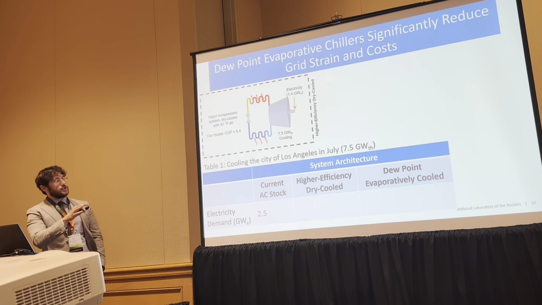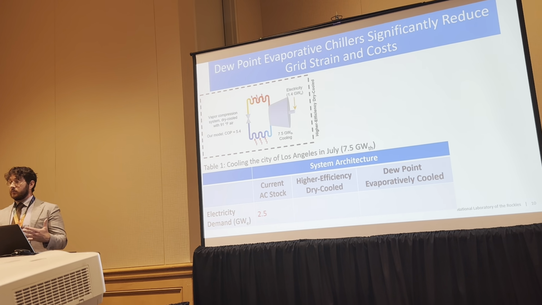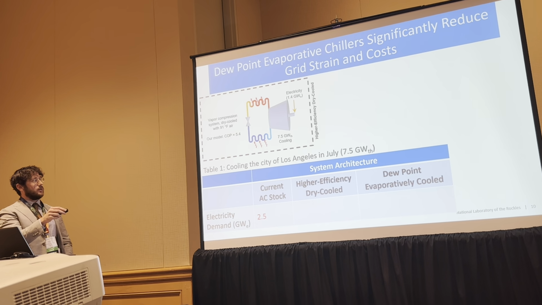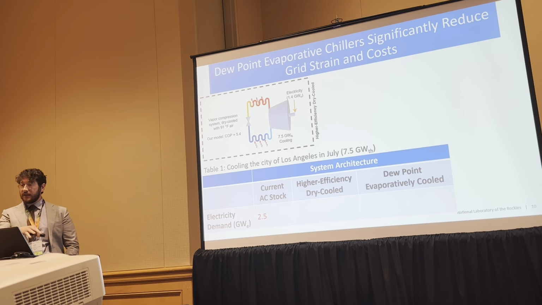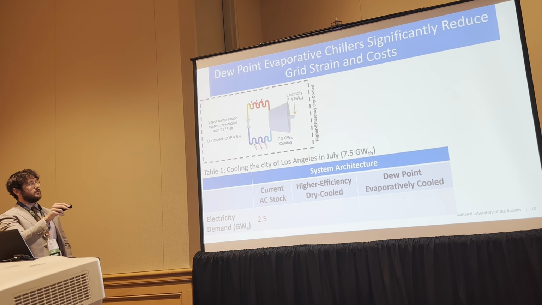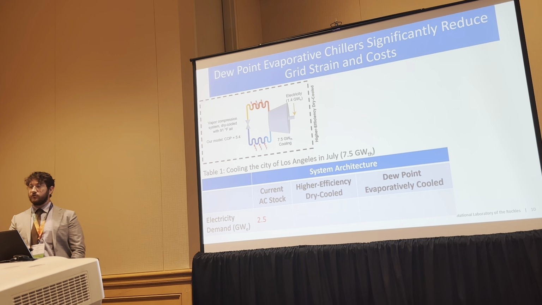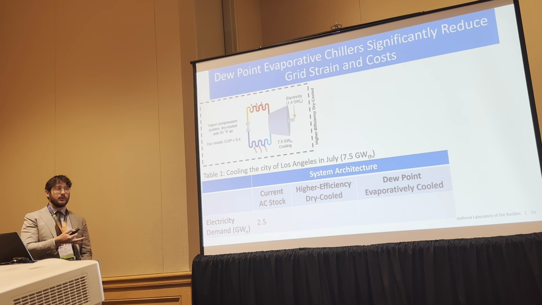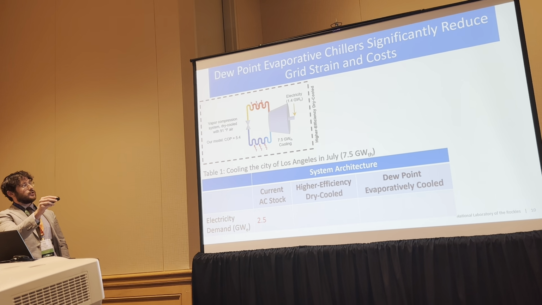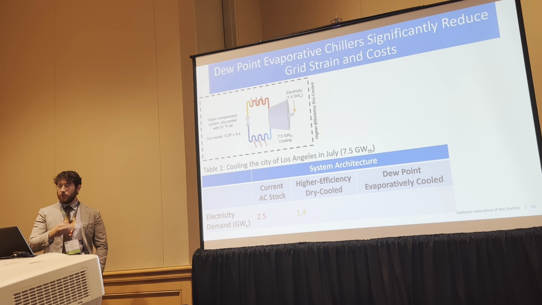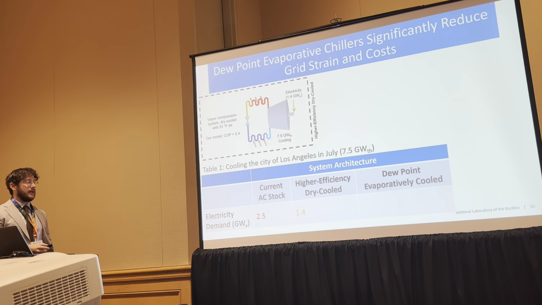But if we switch to more efficient, more modern vapor compression systems, so we modeled this at the National Lab of the Rockies, so we have a model for existing high efficiency vapor compression systems. The COP during that hour last Thursday would have been 5.4, so a good bit higher than that value of 3. And in that case, we would only need 1.4 gigawatts of electricity to source the air conditioning for the city of LA.